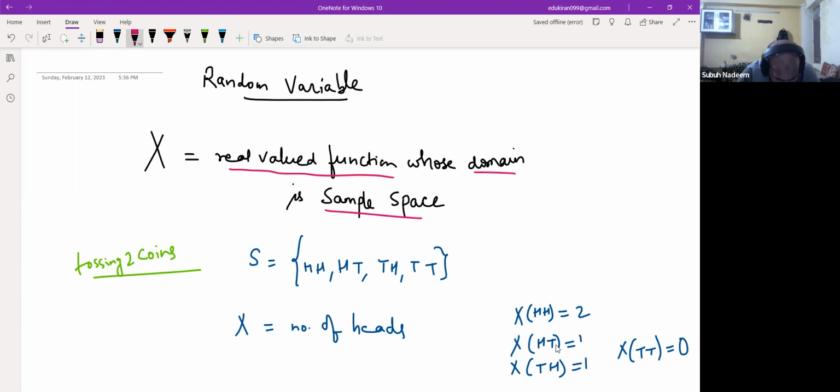Now the next thing is the probability distribution of a random variable.